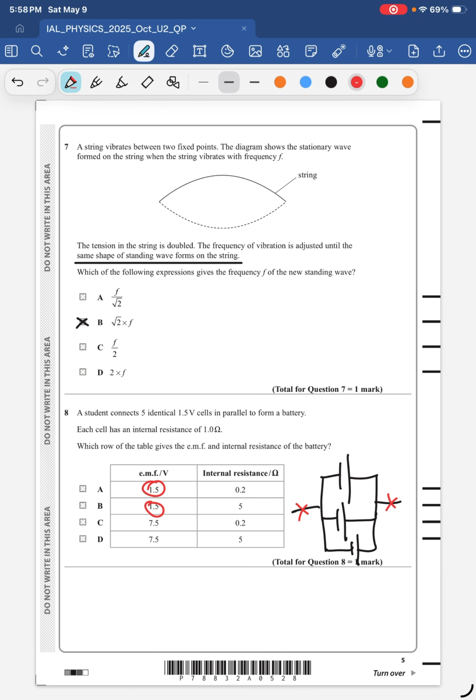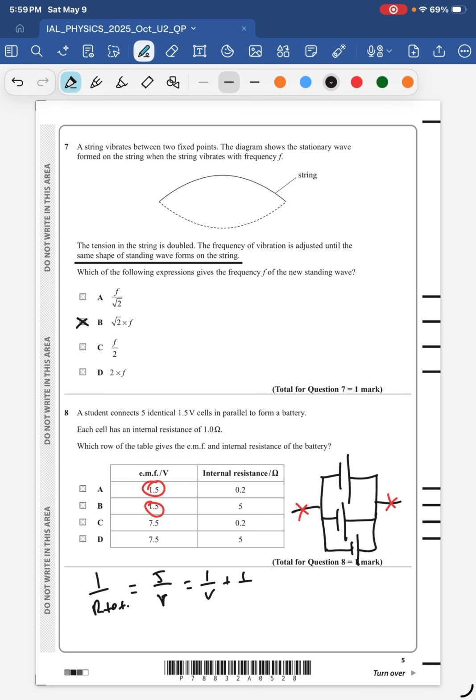Now, what's the internal resistance? We put these batteries in parallel, so 1 over R total is going to be equal to 5 times 1 over R, which is the internal resistance of the batteries.